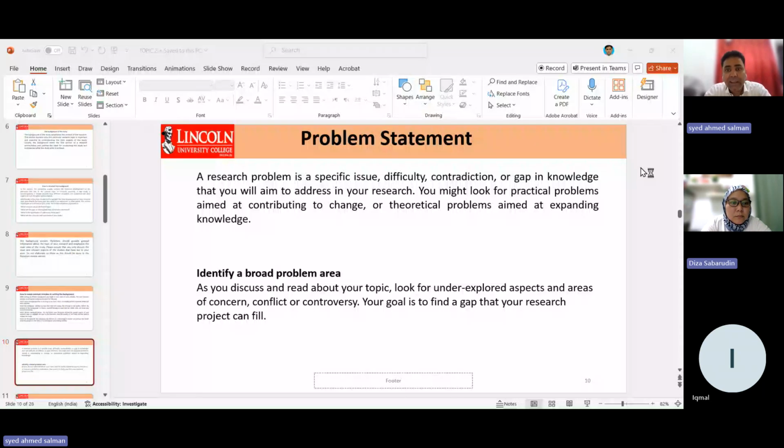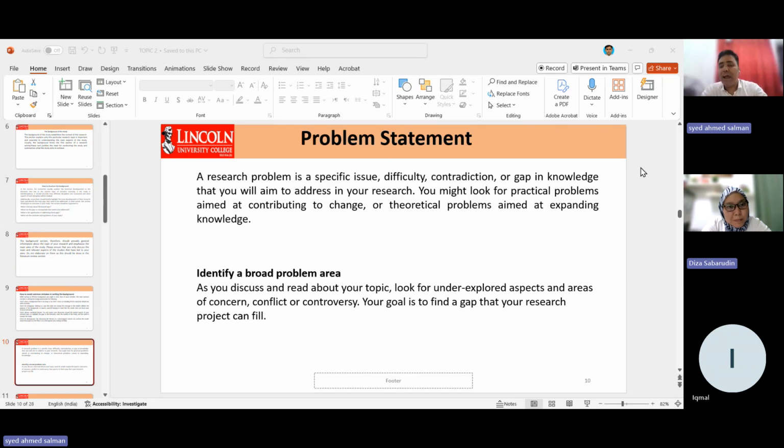You understood already the difference between problem statement and the research gap, and you understand the practical problem and the theoretical problem, right? Yes. Now here, identify a broad problem area. Whenever you are writing, you have to identify the broader area first. Then you have to narrow down, then narrow down, then narrow. As you discuss and read about your topic, look for under-explored aspects and areas of concern, conflict, or controversy.